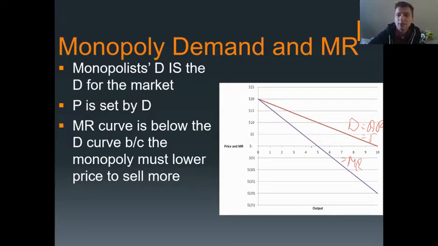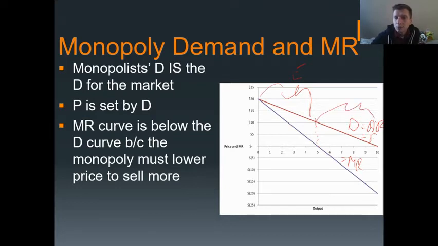So if you take the MR curve where it crosses the x-axis and draw up to the demand curve, we can now clearly see the difference between elastic and inelastic portions of the demand curve. In this upper left-hand portion, that's the elastic portion, because as they lower the price, the total revenue will still increase because your marginal revenue is positive.